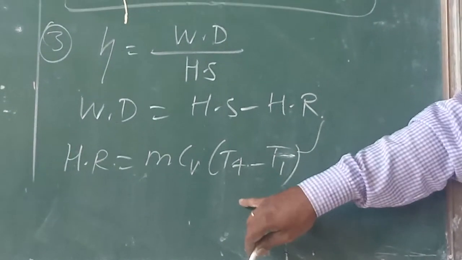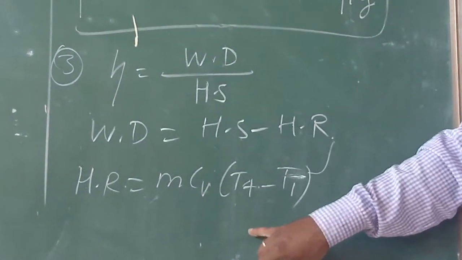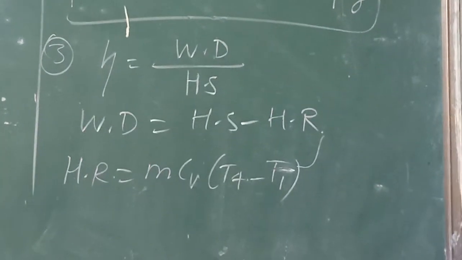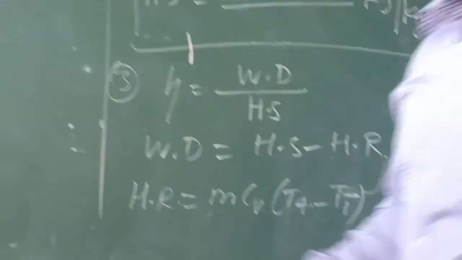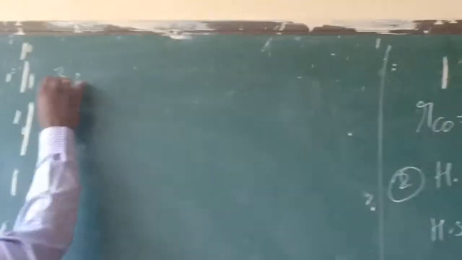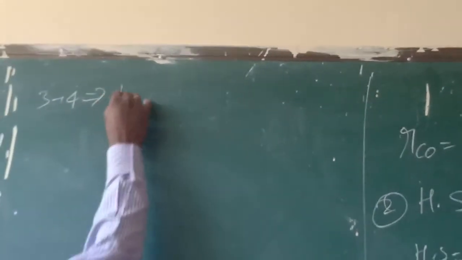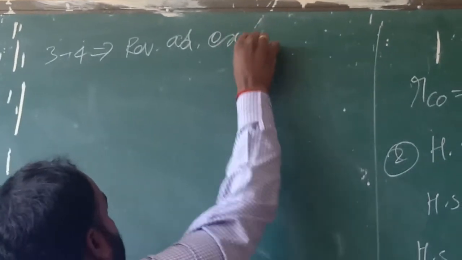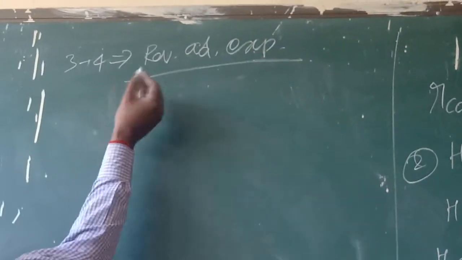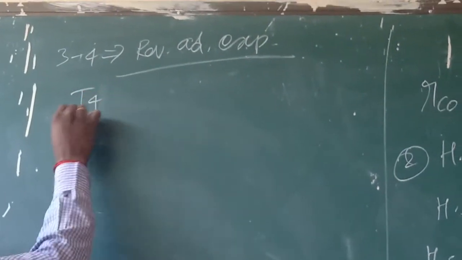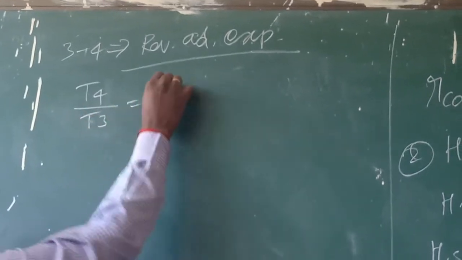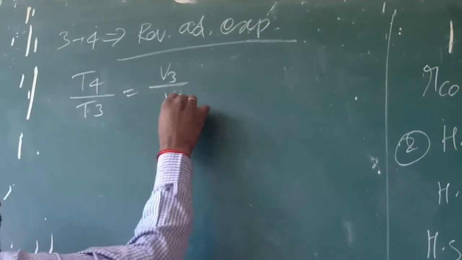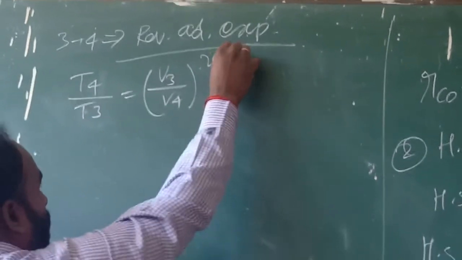To calculate T4, we have to go for the process 3 to 4. The 3 to 4 process is a reversible adiabatic expansion process, where I need to find T4, so I write T4 by T3 equal to (V3 by V4) power gamma minus 1.